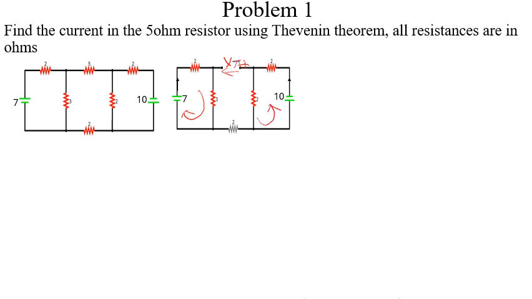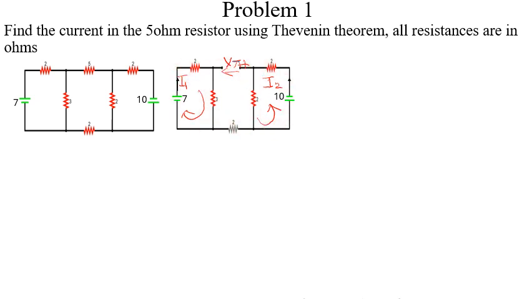So basically let's use KVL to find the current through this. Let us name the current passing through this as I1 and the current passing through this as I2. Applying KVL at the left side: this is the left side, this is the right side, and this is the middle.